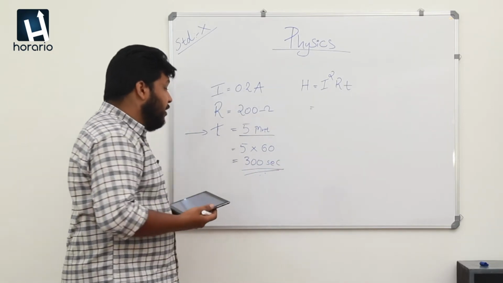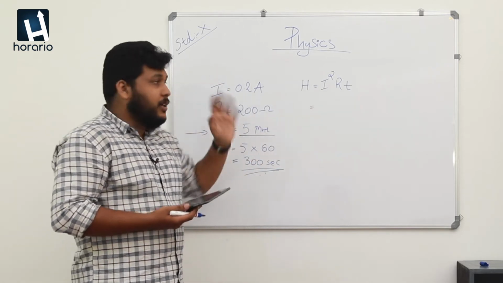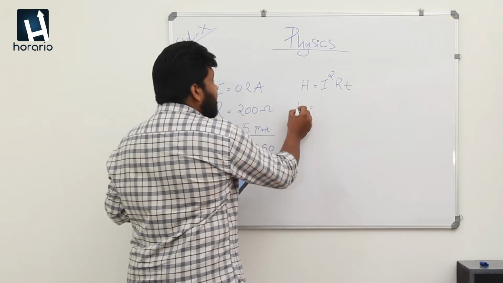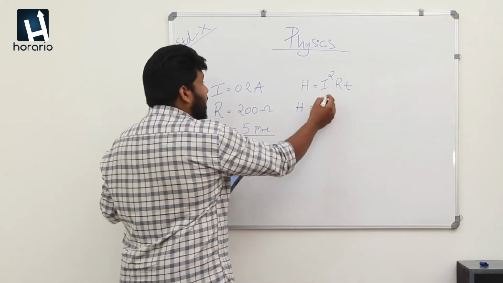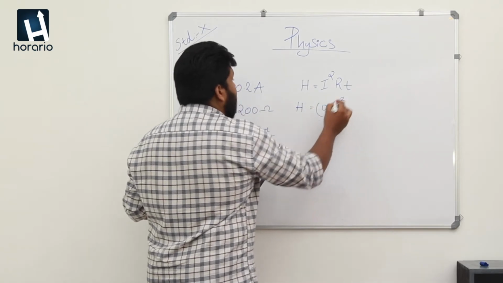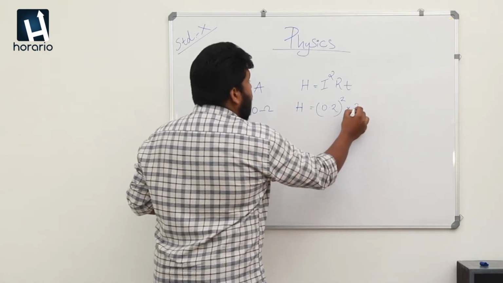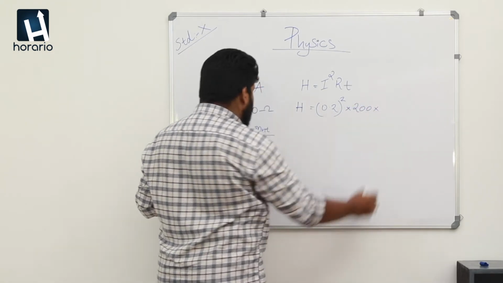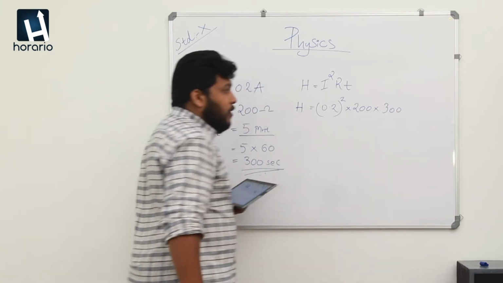So we want to substitute this 300 in the equation. How will the equation change? H is equal to I square, 0.2 the whole square, into 200, into time T equal to 300.